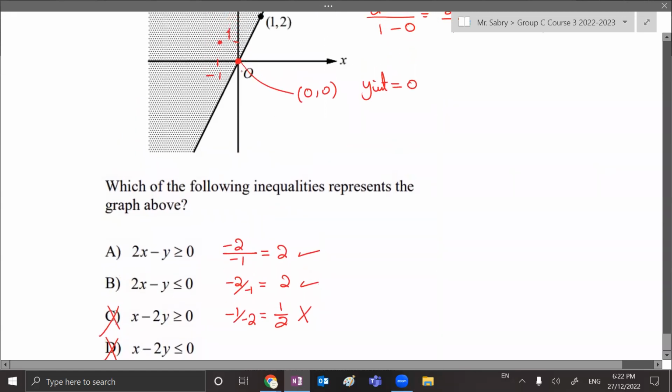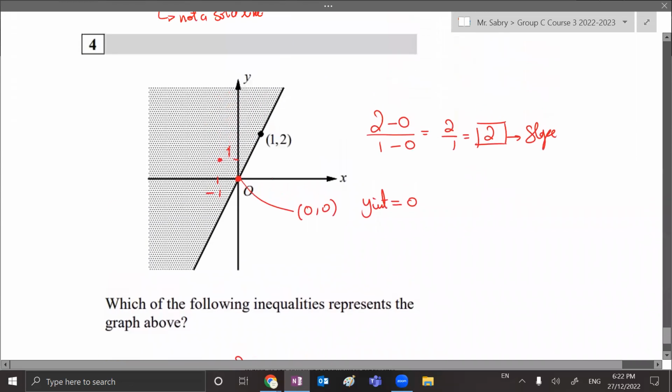So we decided to pick a point in the shaded region. Picked this point, أو let's pick any point. Let's say عايز تختاري negative 5 and positive 2. So this point here, negative 5 and 2 مثلا.